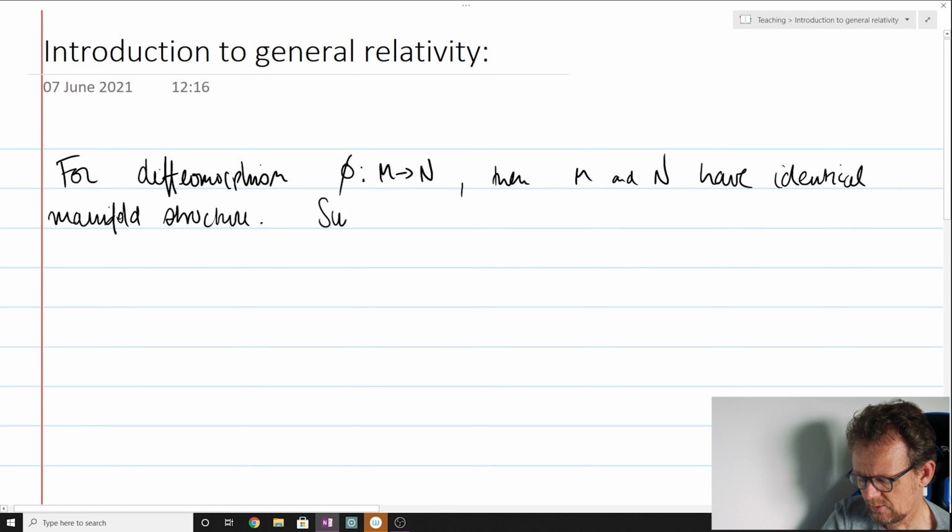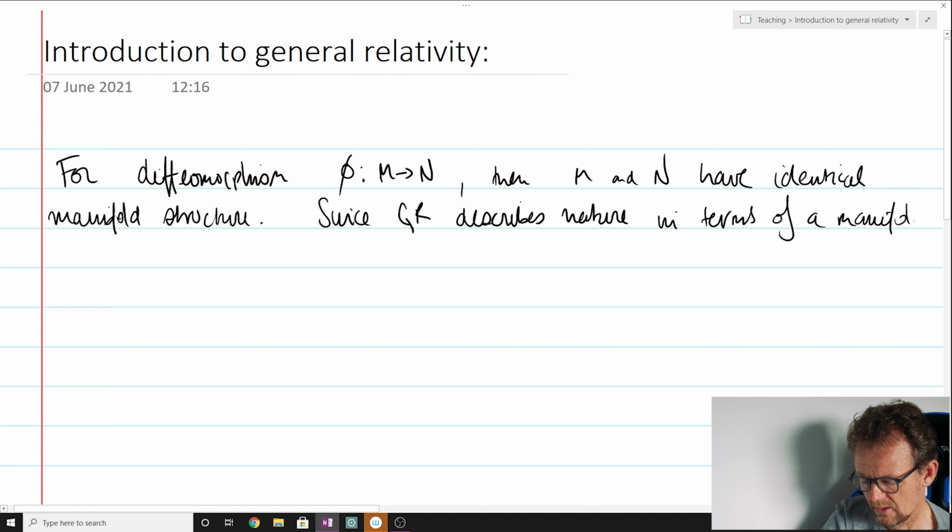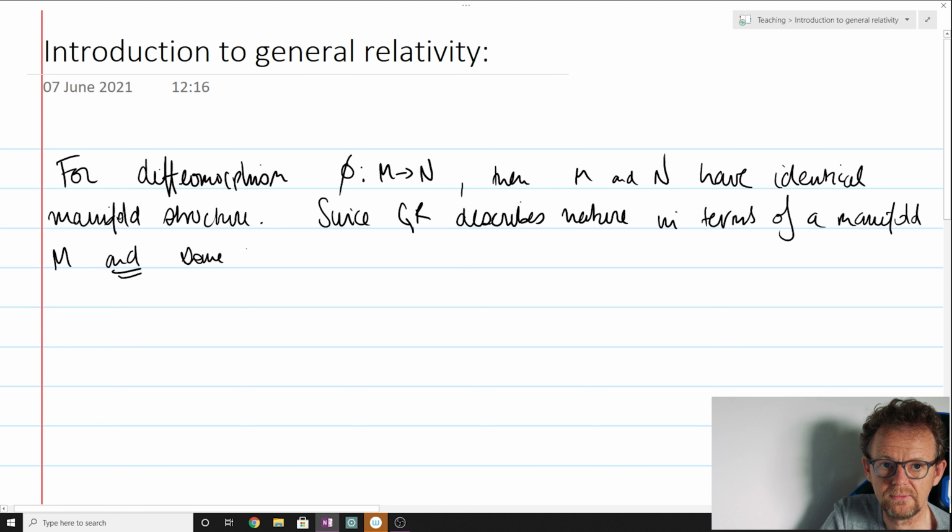Now, you have to observe that general relativity describes nature in terms of a manifold M, and there's some additional data. It's not just that you have a manifold structure that encodes all of space time.